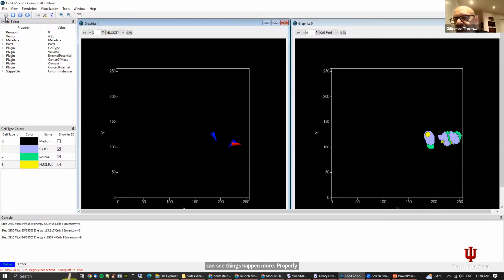I also see the probability of division is small, so the mitosis occurs kind of slowly. It's random, but every time we have a division there, you have a new arrow in the graphic window showing the direction the cells are moving.